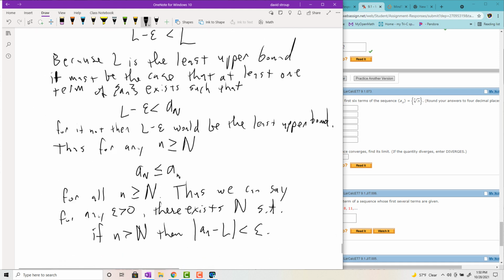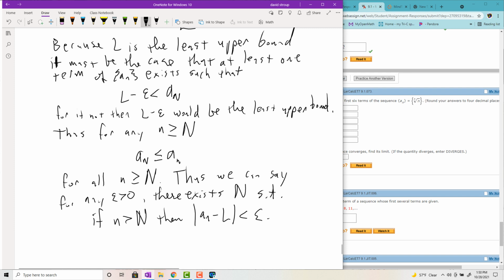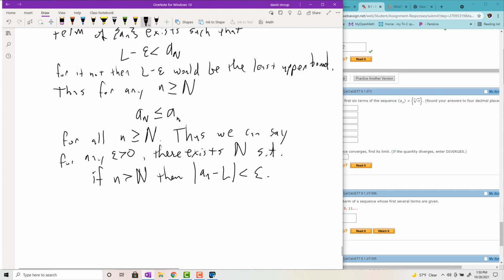We just kind of created the definition. So it's a real clever proof. It's kind of weird, but there it is.